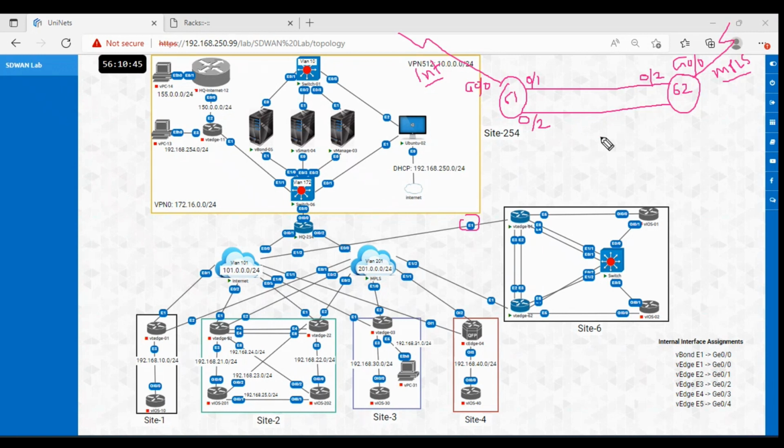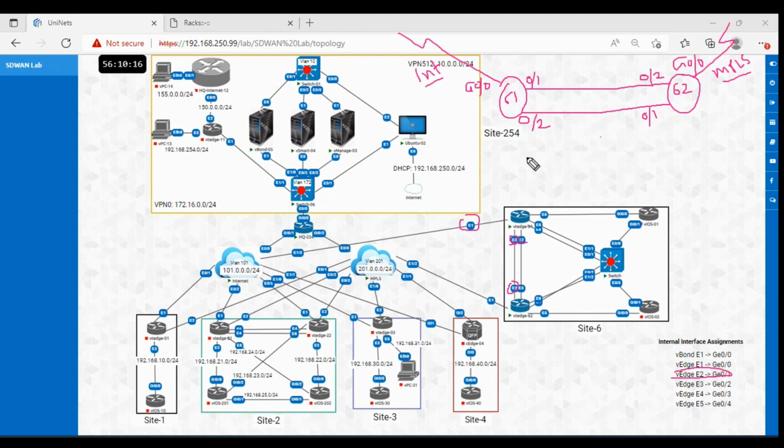Let me zoom in. I'm unable to see it properly. I think this is E2, this is E3, and this is E2. So E2 means gig 0/1. So 0/1, 0/2, 0/1, right? So this is how these are connected.